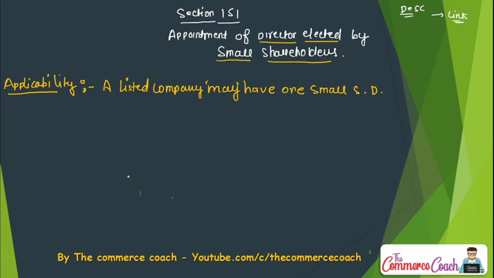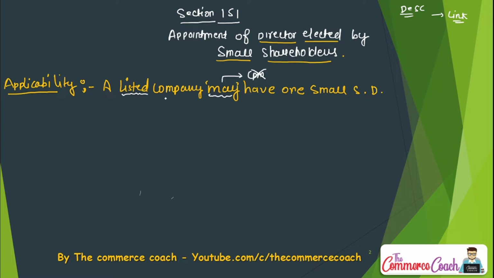So it talks about listed companies only. A listed company may have one; it is not a requirement of the law, not compulsory, but optional. It depends upon the company itself whether to opt to have this particular director or not.